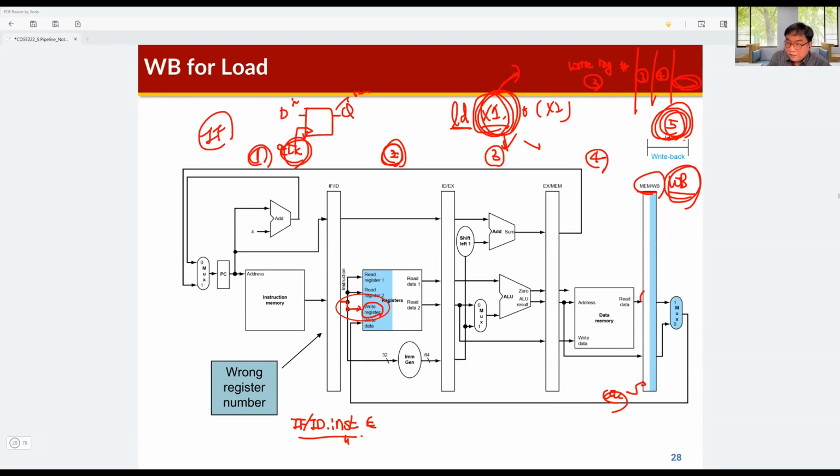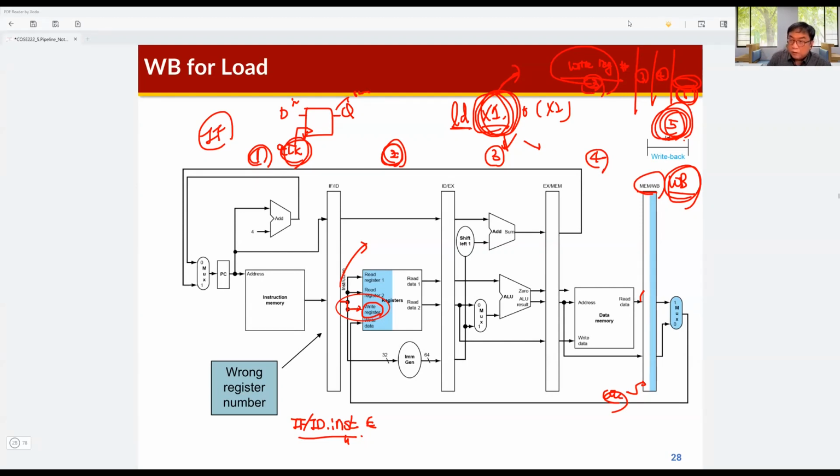The data is out at clock cycle number 5 because the timing is different. If the timing is different, then this write register number will be the write register number of the next instructions, not this load instruction.